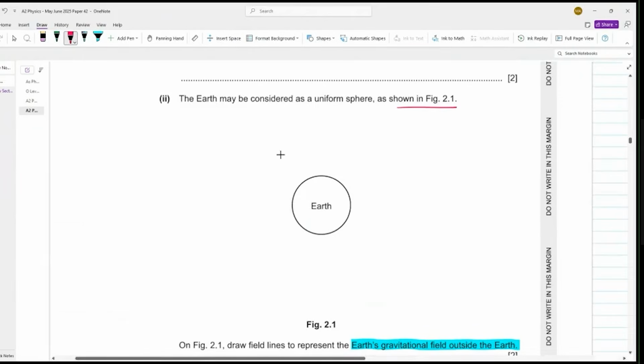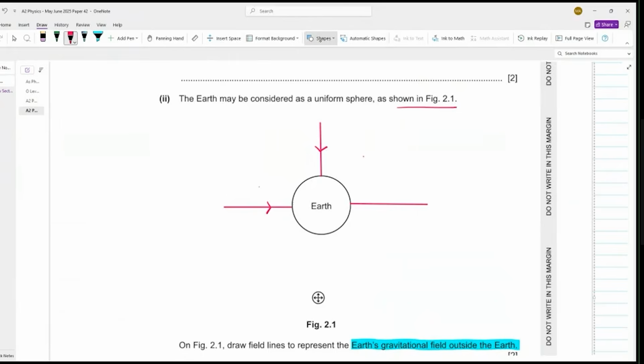First of all, always remember that the lines will be radial. When you draw the gravitational field lines of the earth, they will be radial like this. Obviously, this drawing software is pretty bad, but I will try my best to draw the radial lines.